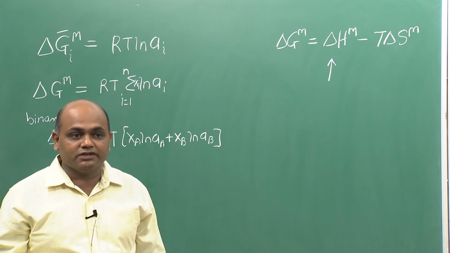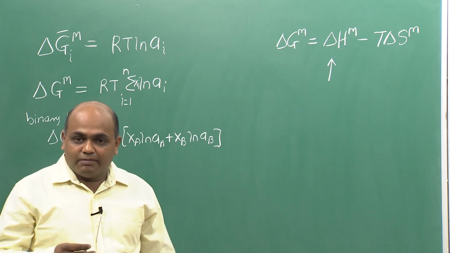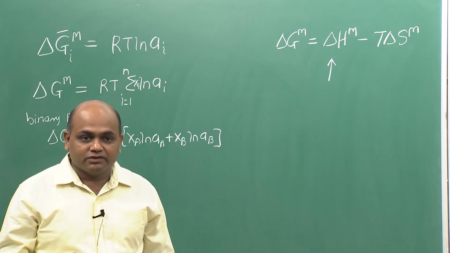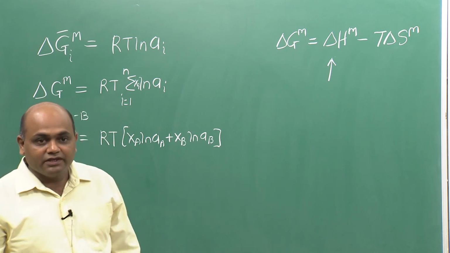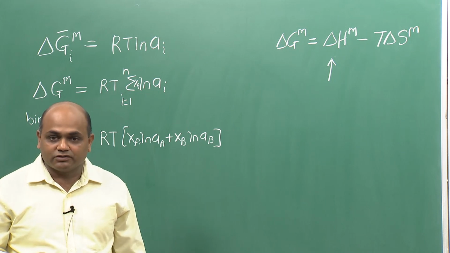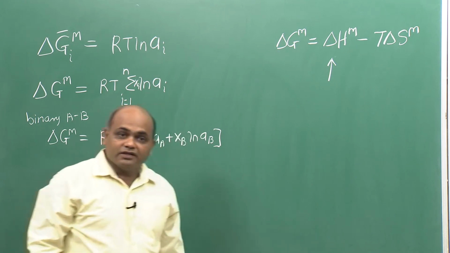When we form the solution, some of the similar atom pairs will be replaced by AB pairs. Now, AA, BB and AB interactions are not the same, so it causes changes in the potential energy, which will lead to change in the enthalpy. So, that is the change in enthalpy.